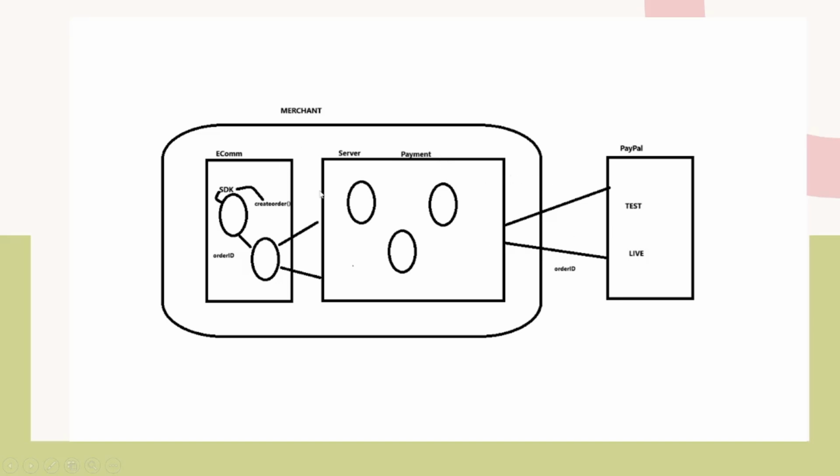As you can see, there are three different layers in this flowchart. The first one is e-commerce, which is the UI layer. First of all, let's talk about it.